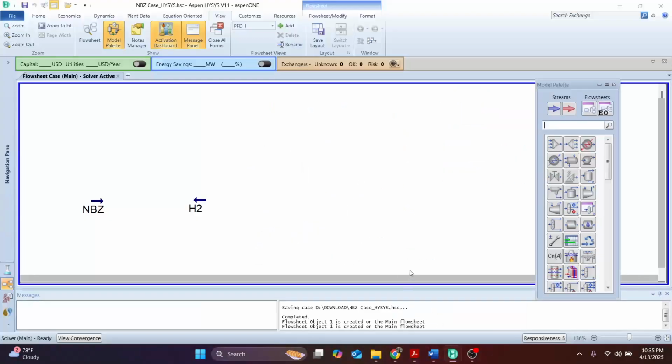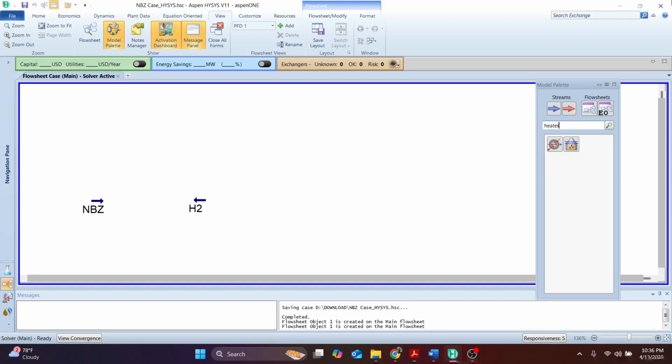The reason for that is that nitrobenzene's heat capacity is quite high, and if you put it directly after the mixer and heat everything up to 300, the duty of the heat exchanger or the heater will be very high. So we can reduce that duty by having a preheating heater.